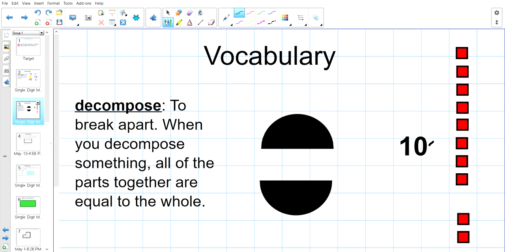I've decomposed my number 10 into an 8 and a 2, but the total amount hasn't changed. I still have a total of 10, and if I add 8 plus 2 back together, it equals 10. I've just decomposed my total 10, or broken it apart, into 2 smaller pieces, an 8 and a 2.